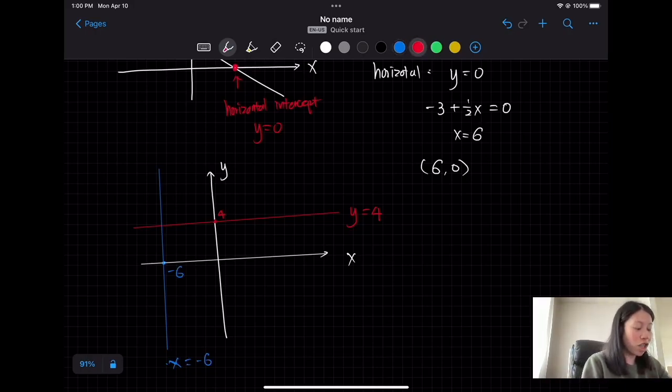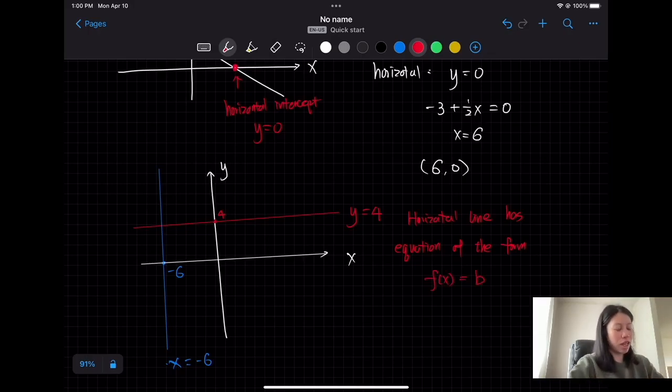So in general, a horizontal line has an equation of the form f(x) equals b. b is any constant number, because you can also use y equals b, since f(x) is equal to y.